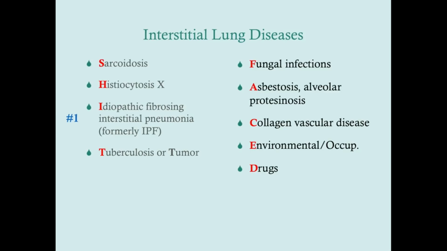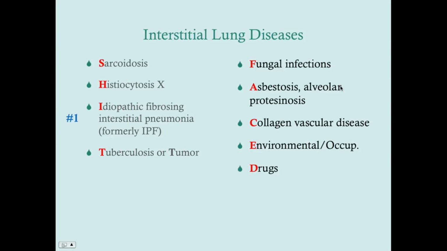Collagen vascular disease, there's lots of them. So we're thinking things like rheumatoid arthritis, we're thinking things like Sjogren's syndrome and so forth. Environmental and occupational exposures. So again, those are things like if the patient's a coal miner, if the patient's exposed to silica dust, if the patient works with birds, and then drugs.